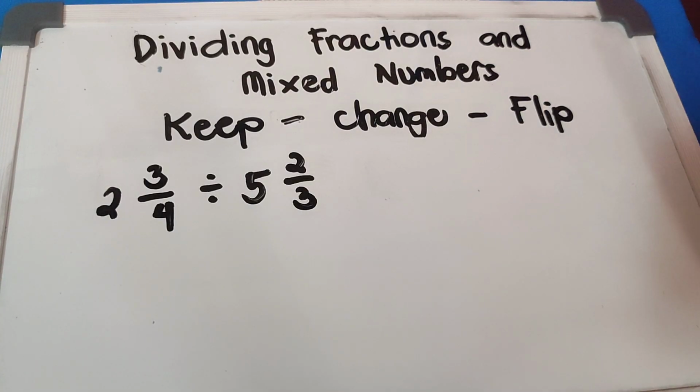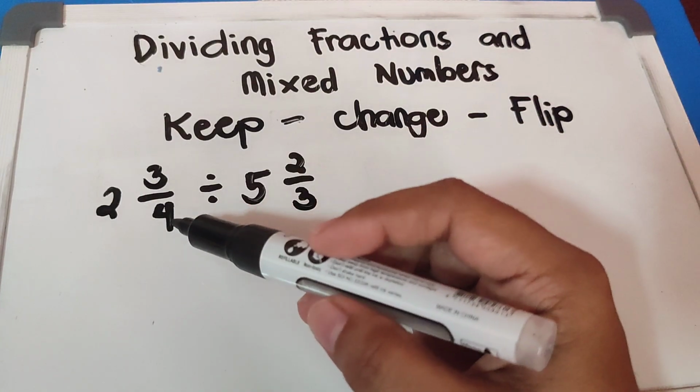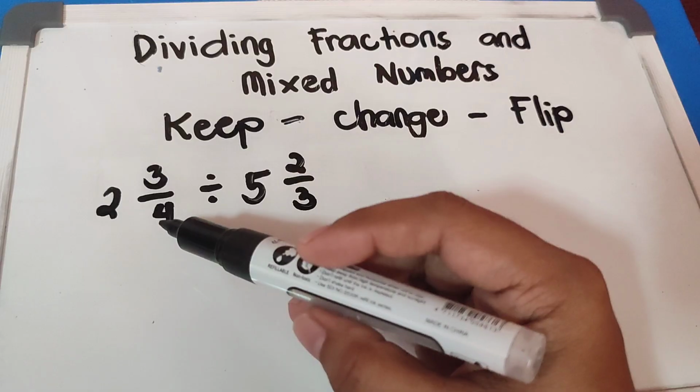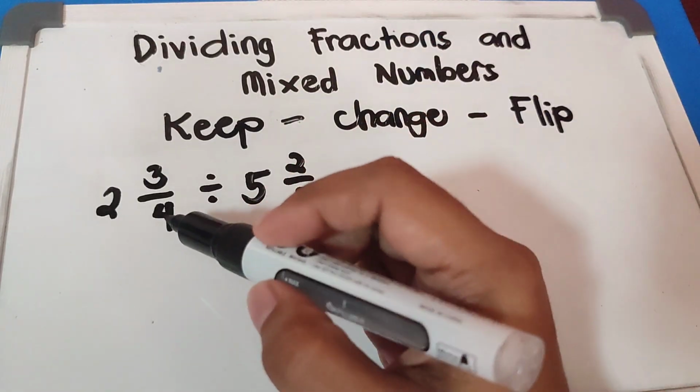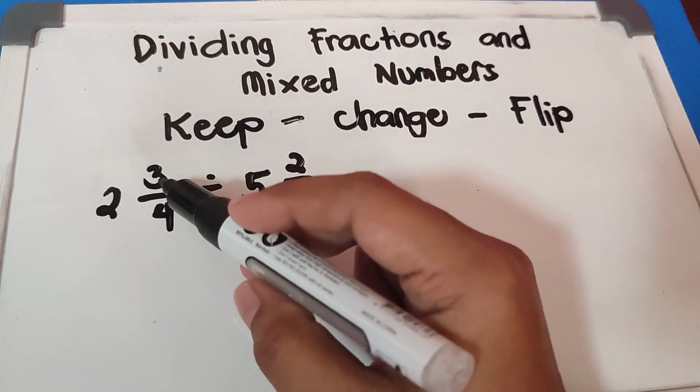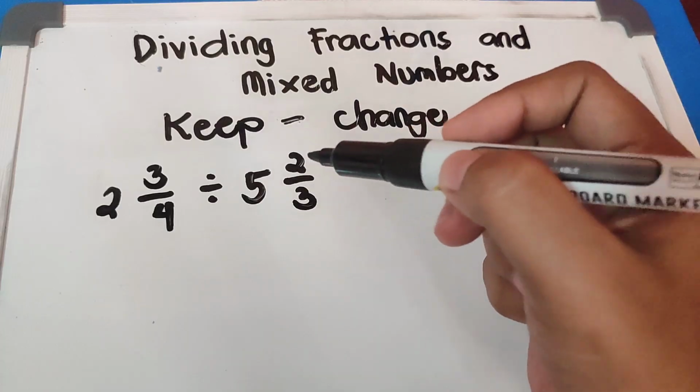How about mixed numbers? In dividing mixed numbers, you're going to convert first the mixed number into improper fraction. For example, 2 and 3/4 divided by 5 and 2/3.